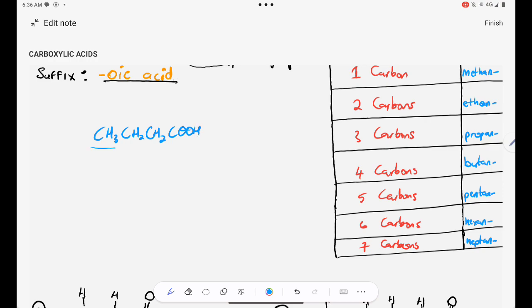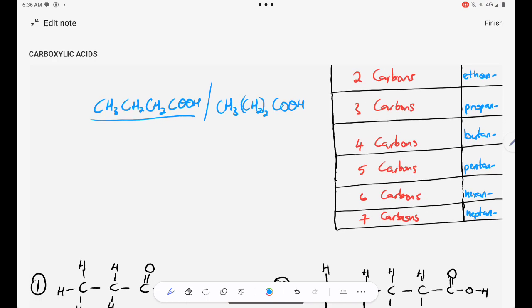This can be written like this, or the same compound can be written as CH3, then CH2 that should appear 2 times, and the COOH. If you have to draw this compound, you simply have CH3, CH2 that appears 2 times, and then a C with a double bond O and an OH, like this.